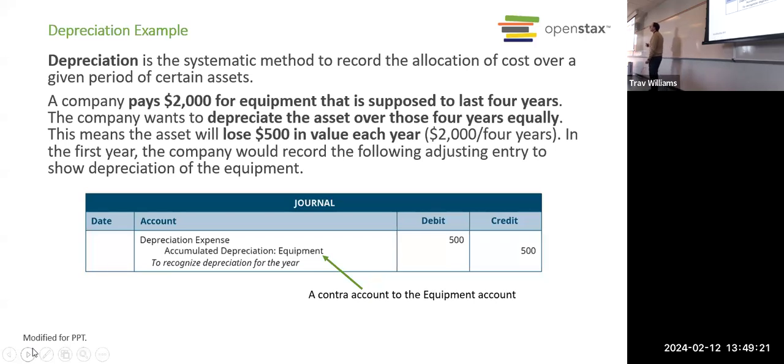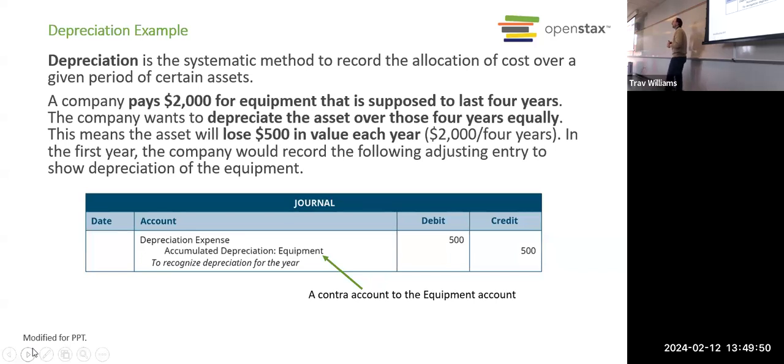Now, the reason we do it this way is, do you remember the cost principle that says that when you buy an asset, you record that cost and then that cost doesn't change? Doesn't matter if the market value changes for the asset. It doesn't matter if you take depreciation, that cost always stays the same. So if you look at the equipment account, it's always going to show $2,000 because that's what we originally paid.